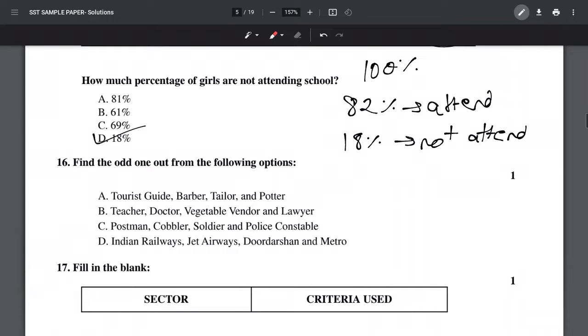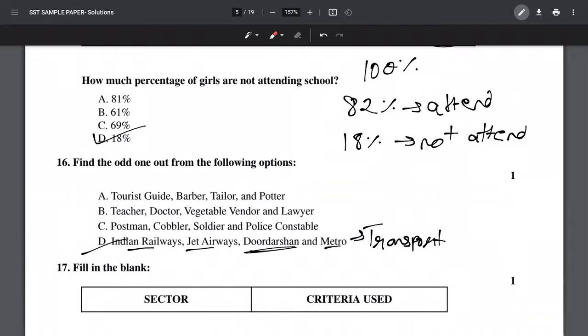Okay, wait. The last one, obviously, Doordarshan is a TV channel, isn't it? News and all. Indian Railways, Jet Airways, Metro, all of these are for transportation. But how does Doordarshan come in transportation? The answer is D here. Okay, that's the odd one out.